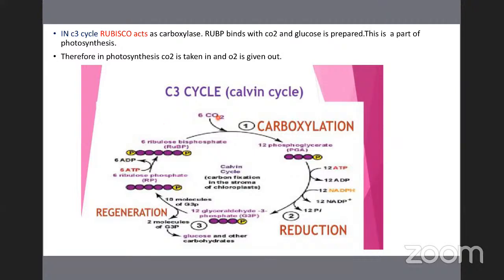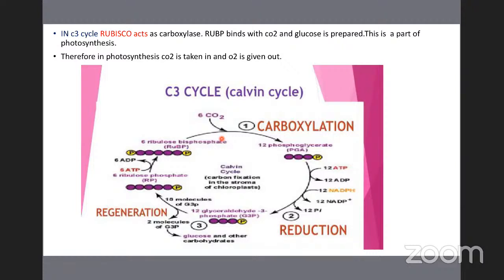In this Calvin cycle, CO2 is accepted, and O2 comes out. During non-cyclic photophosphorylation, photolysis of water takes place, and as a result, oxygen comes out as a byproduct and diffuses out.